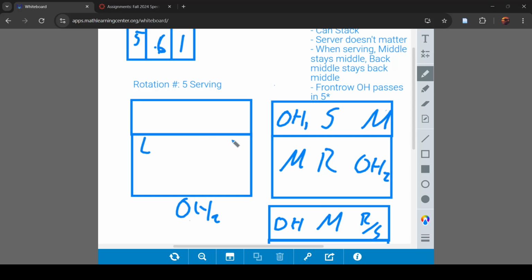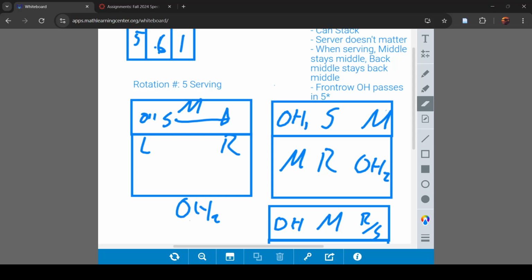So libero starts in base, the right side starts in base. This should look familiar. The middle's over here, this outside's already in position, so the setter is the only one who has to go. If this sounds familiar, this is the exact same thing as rotation 2, when the other outside was serving, but the right side and the setter have flipped. That's the only difference. It's identical otherwise.